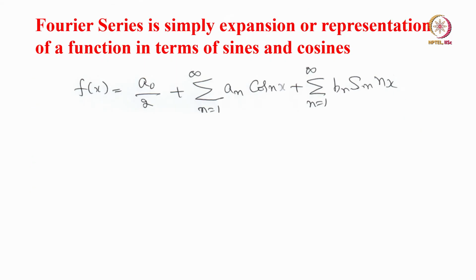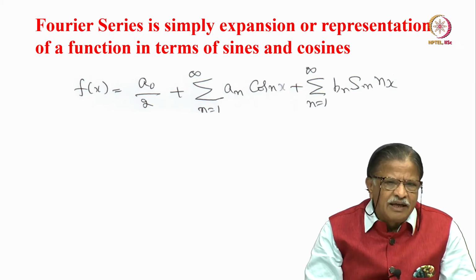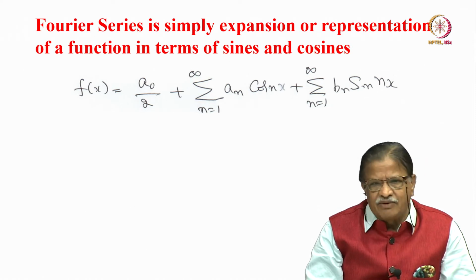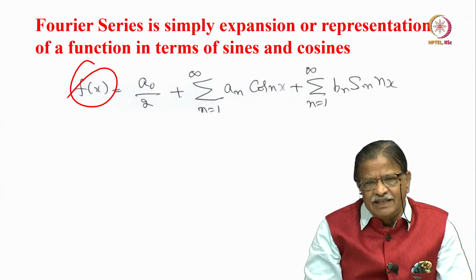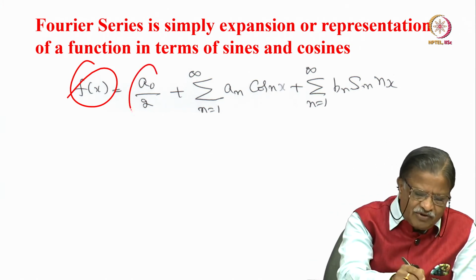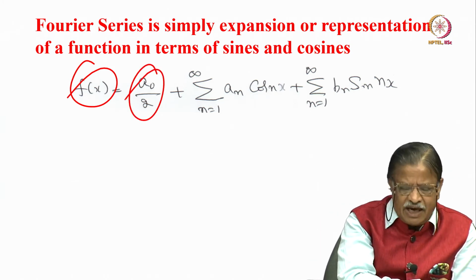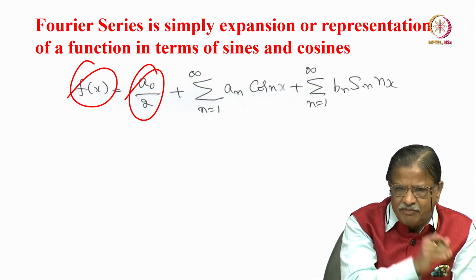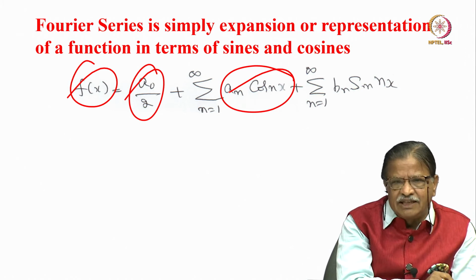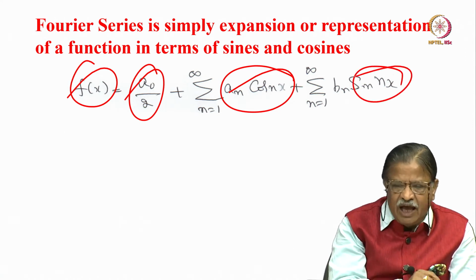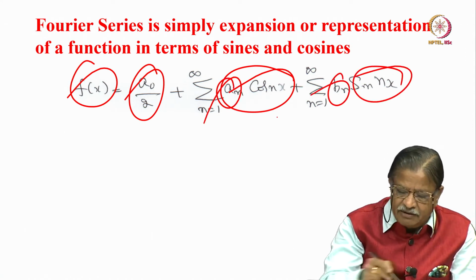Now, this is a simple Fourier series. It is simply a representation of terms in sines and cosines. I am giving a function f of x. It is given by a series. Of course, the first coefficient is a0 by 2, some number, and then it can be represented by a series of cosines and sines, and each of them has coefficients an and bn.